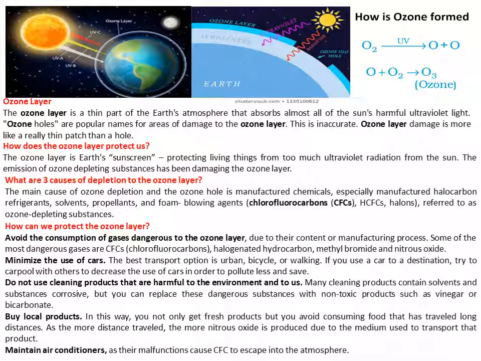How can we protect the ozone layer? Avoid the consumption of gases dangerous to the ozone layer. Due to their content or manufacturing process, some of the most dangerous gases are chlorofluorocarbons, halogenated hydrocarbons, methyl bromide and nitrous oxide.